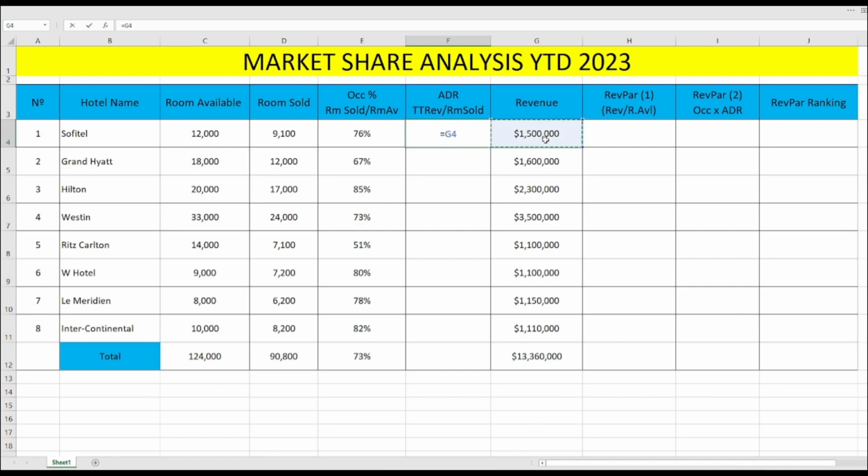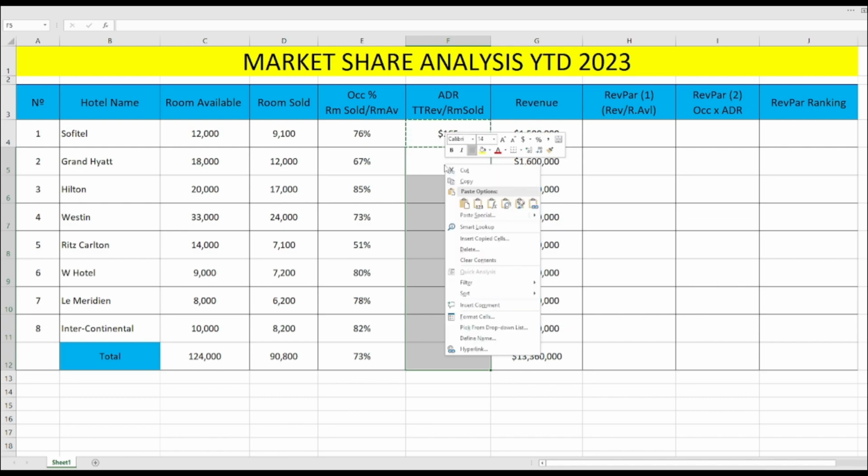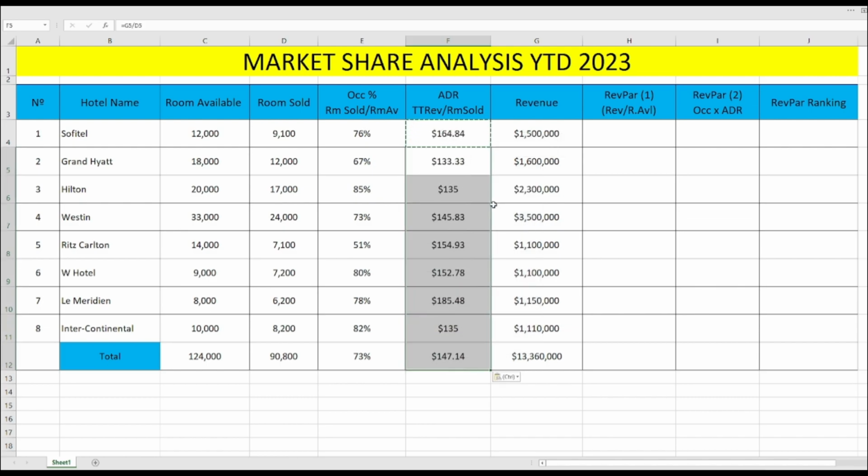Total revenue divided by rooms sold gives 165. We do the same for the others, so we need to copy and paste. So here we go.